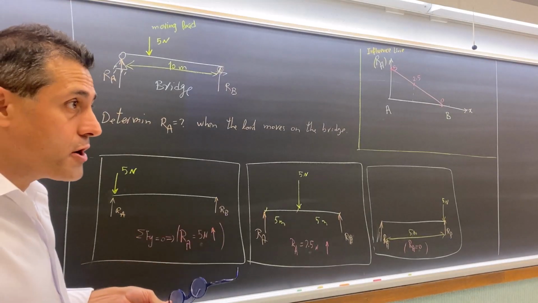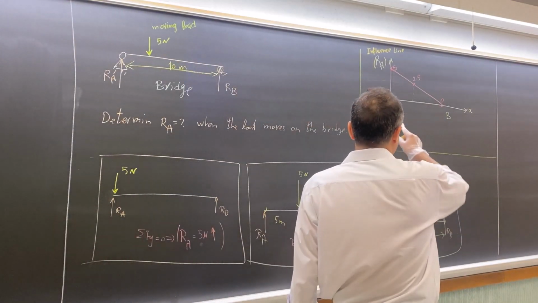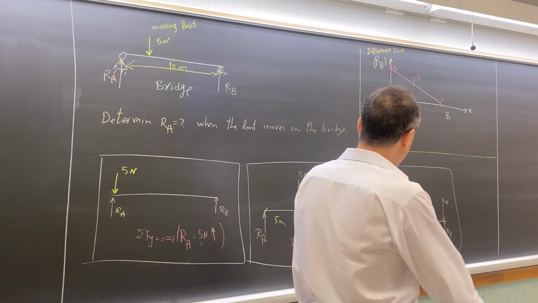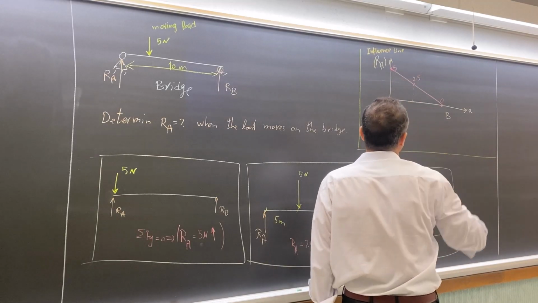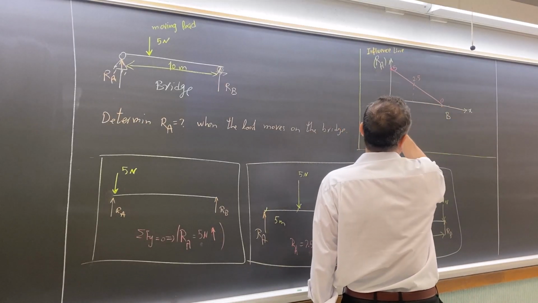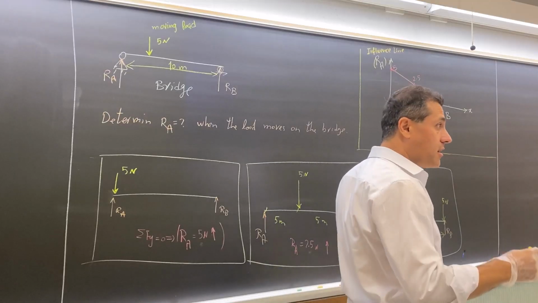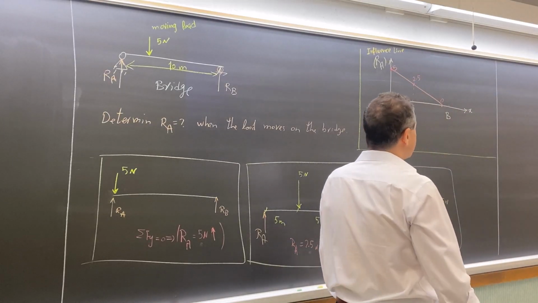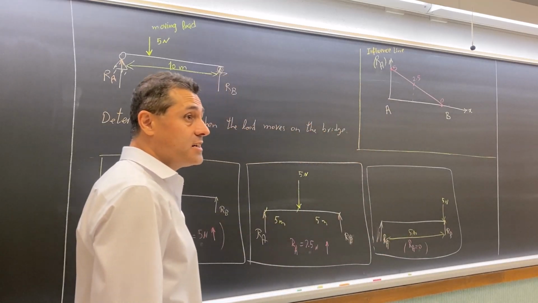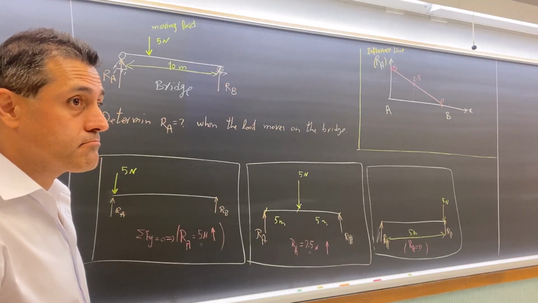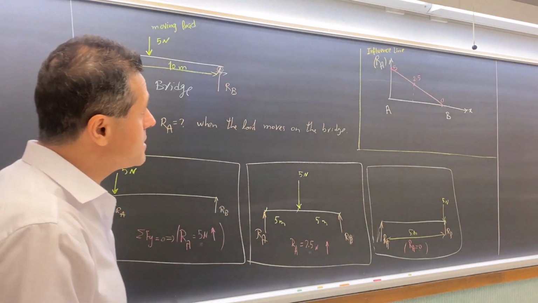So we are drawing the influence line for the vertical reaction at point A. So we have a vertical axis, which shows the amount of RA. We have a horizontal axis, which is along the beam. And then we have a red color line, not a curve, which is the influence line. So the red color line is the influence line.